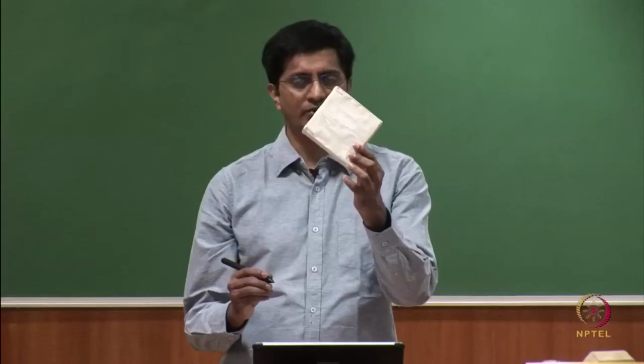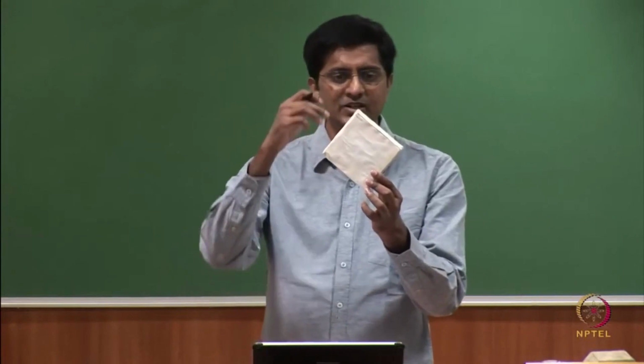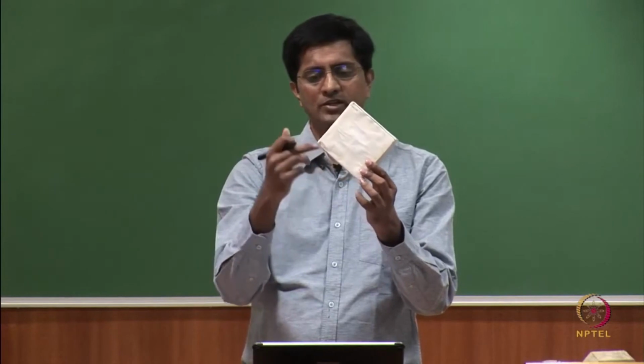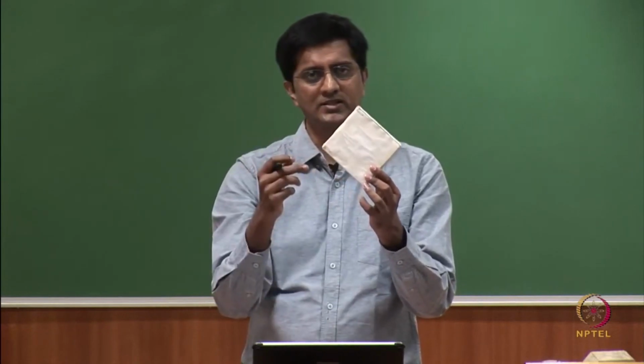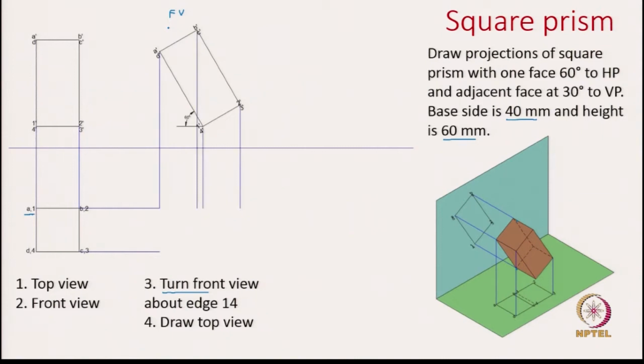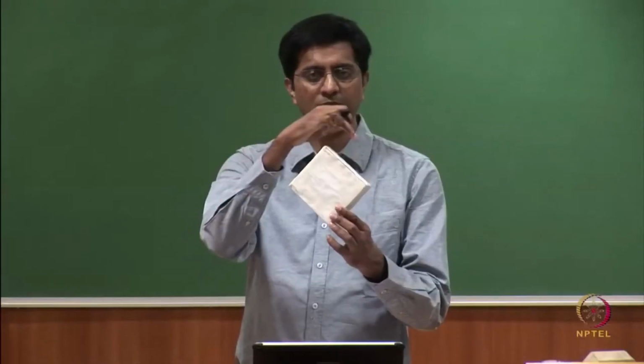Once I capture the front view, it is a little easier to capture the top view, because now I know the points in the front view, and I can use those projection lines to find where these points are in the top view. So, I need to draw the top view by using projection lines from the previous top view and projection lines from the current front view. Once I intersect these, I am able to capture the top view with one rotation.